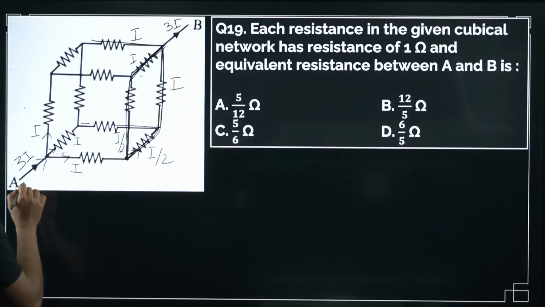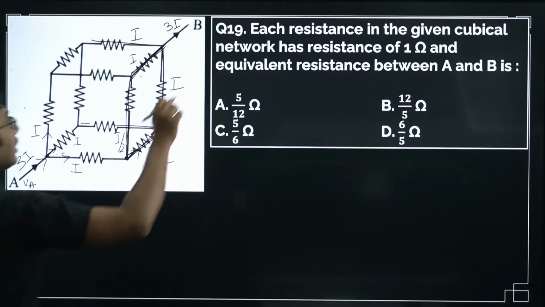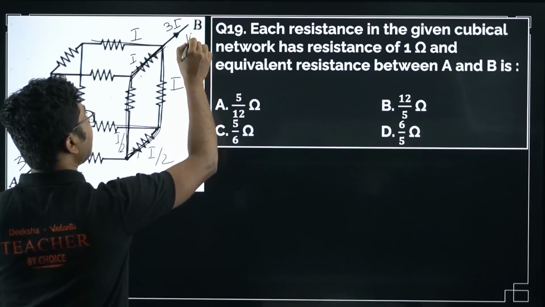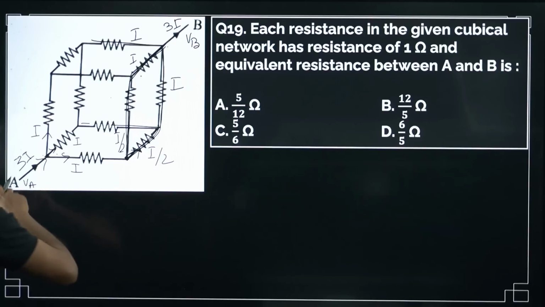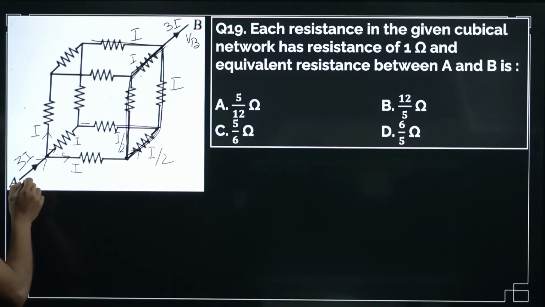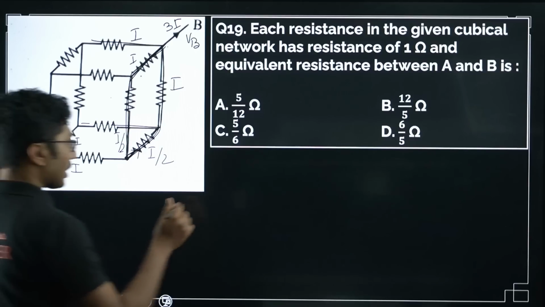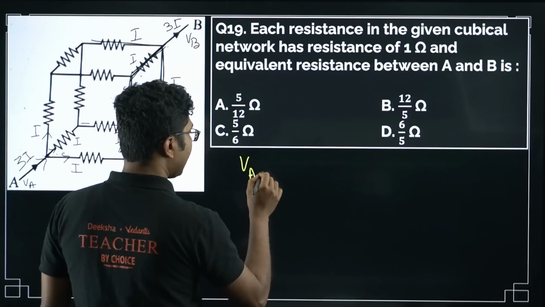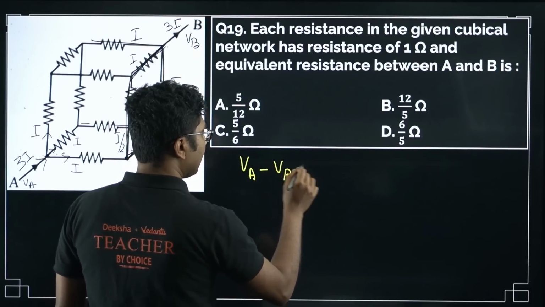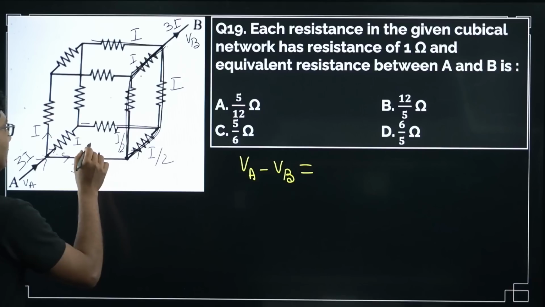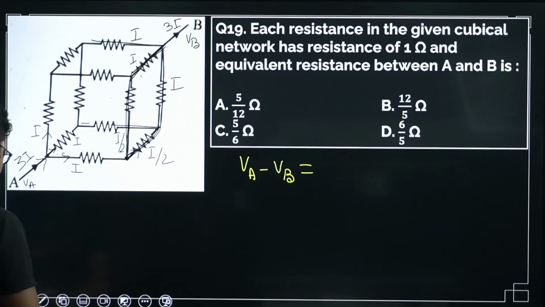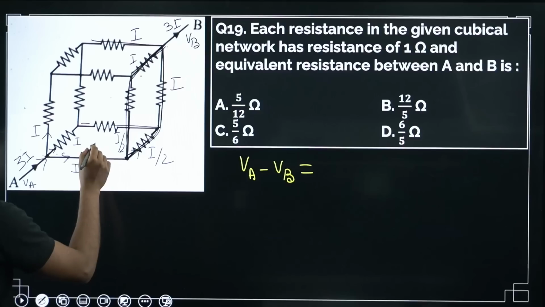Suppose the voltage of A is VA and the voltage of B is VB. Current is flowing from A to B, so definitely VA is greater than VB. From Kirchhoff's voltage law, VA minus VB equals, suppose each resistance is capital R, we are doing the general form first.